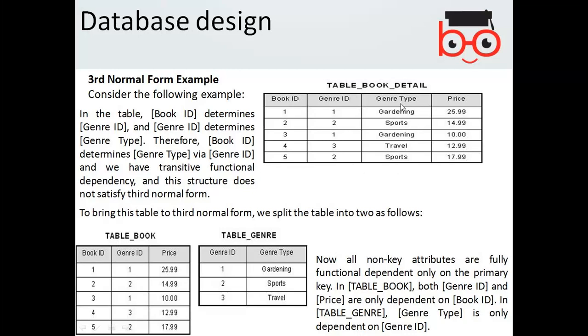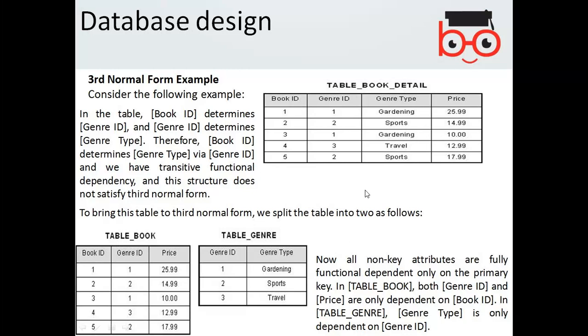Instead of repeating these values again and again, price depends on the genre ID type: the gardening price is $25.99 and another gardening price is 10.